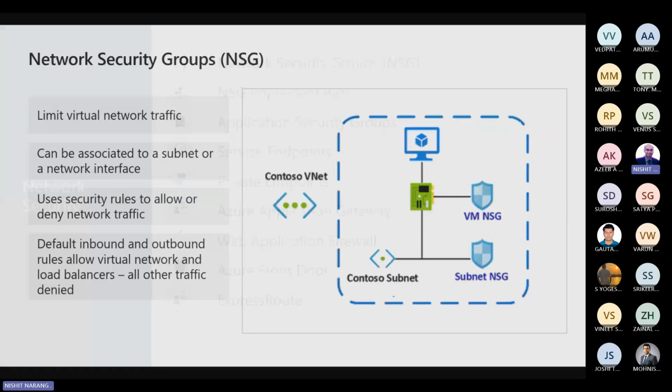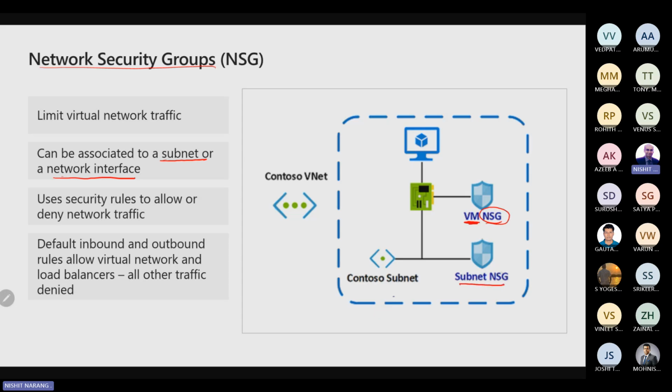What can I do? I can say that I have a virtual machine, and this virtual machine has a VNIC, a virtual network interface. I make the VNIC part of a network security group. So a network security group can be associated with a network interface. It can even be associated with a complete subnet.